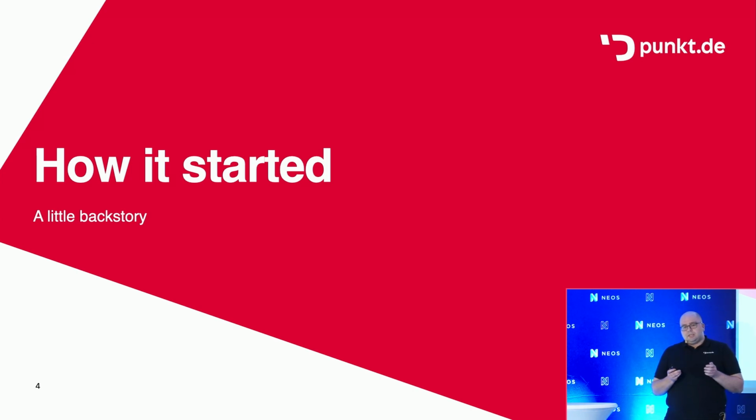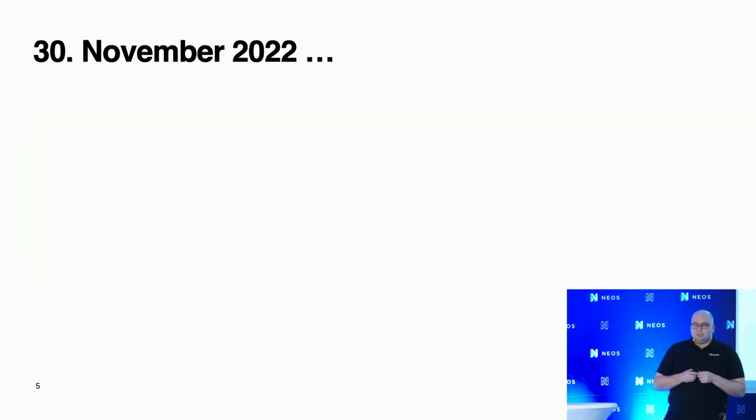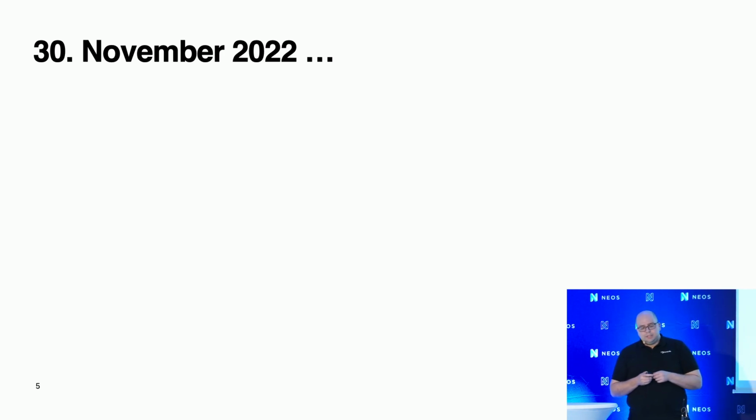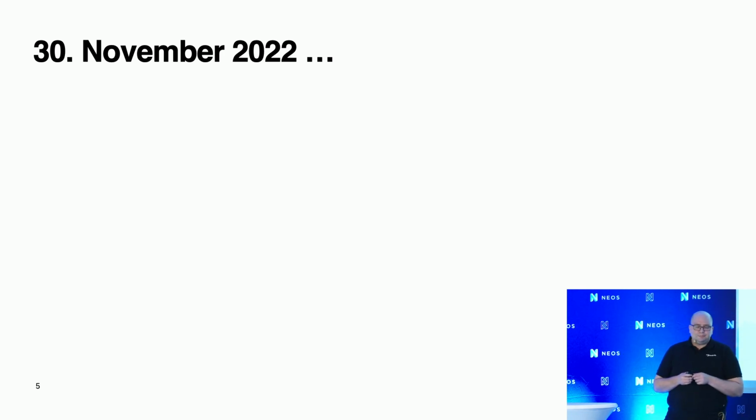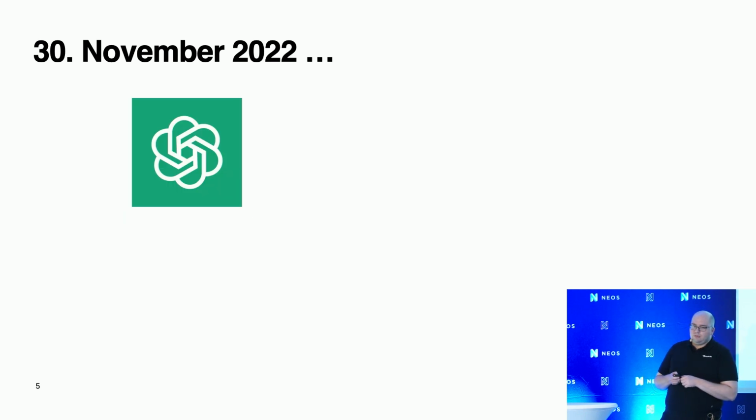This whole thing started for me in the fall of the year 2022. To be more precise, around the news from the 30th of November 2022 with the release of this little tool, and the news around it. I think everyone knows it: ChatGPT.